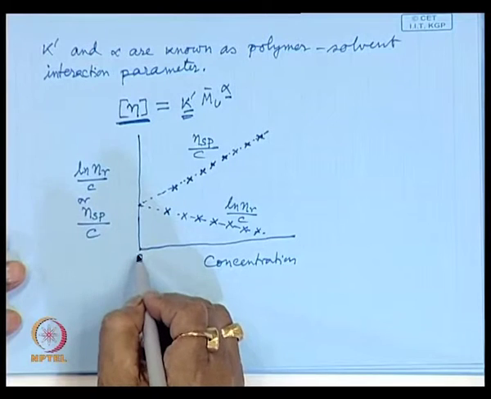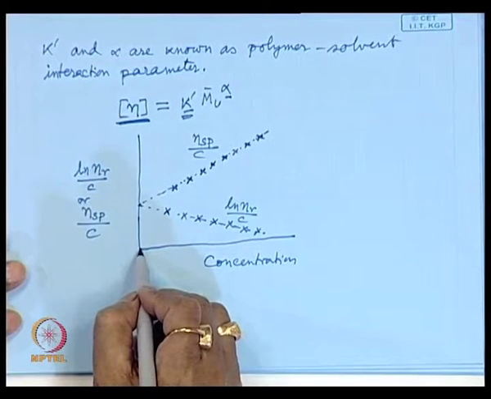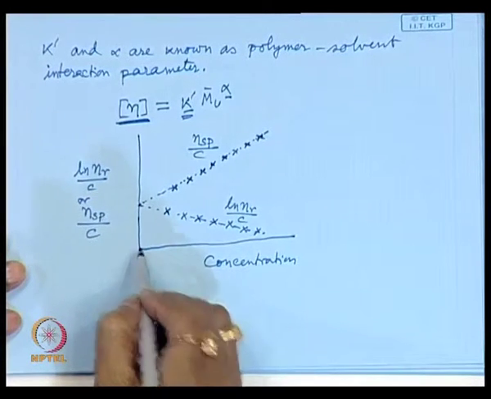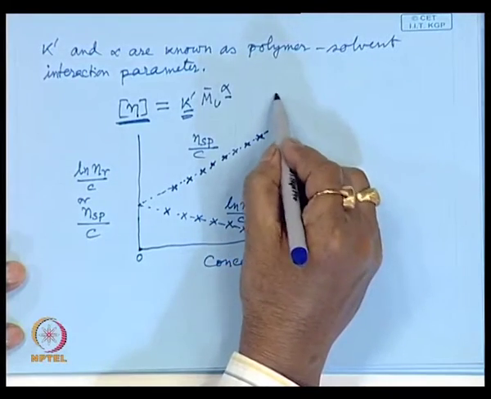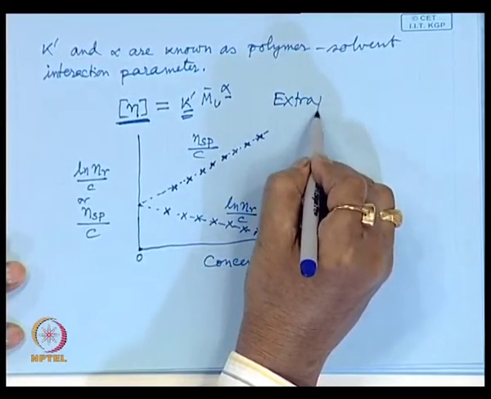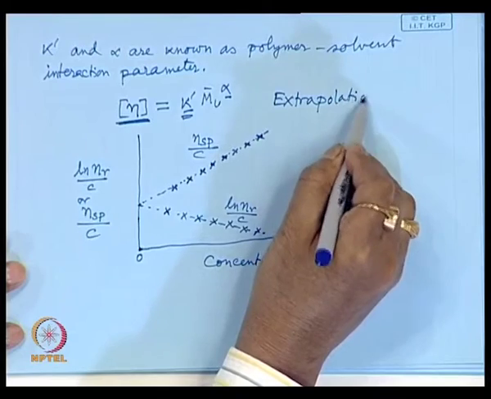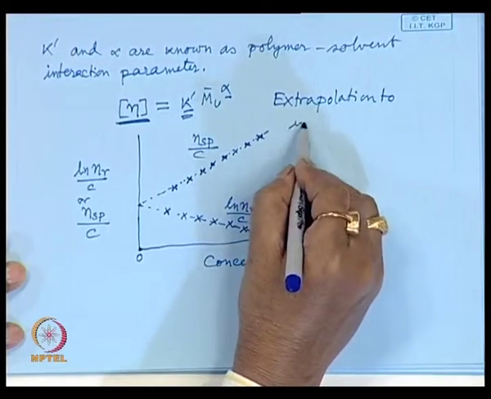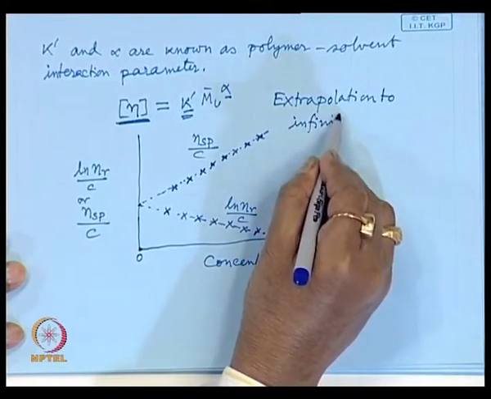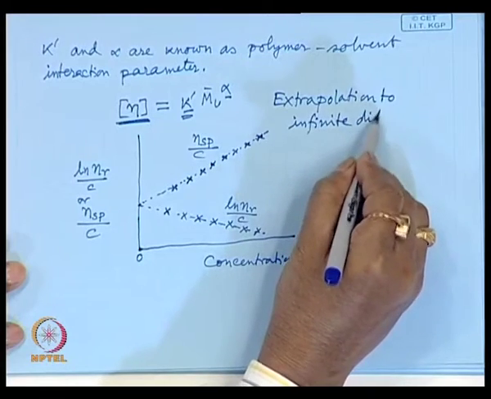That means at 0 concentration, which is known as extrapolation to infinite dilution.